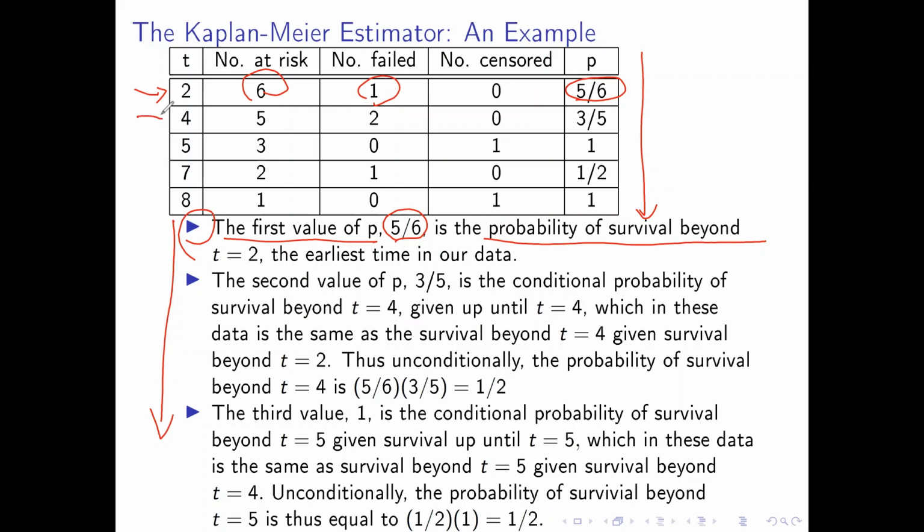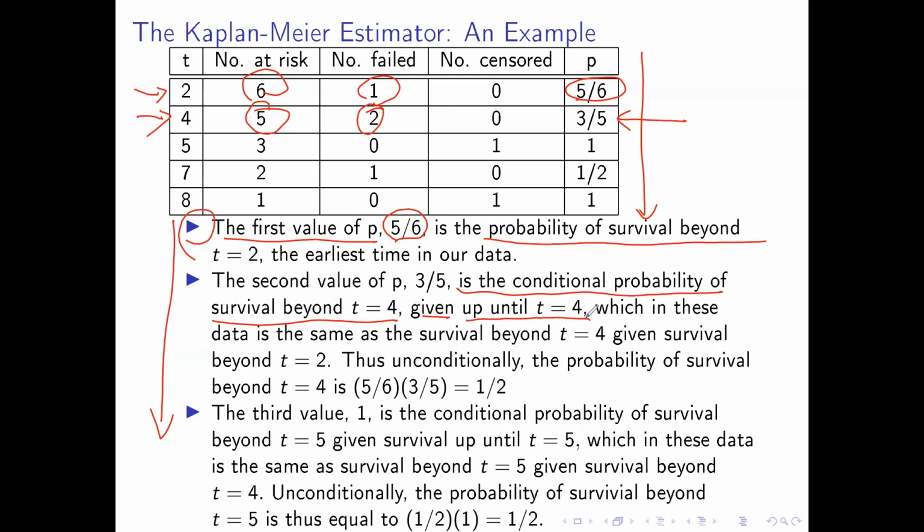How about day 4? How many at risk? 5. How many failed? 2. So what is the conditional probability of survival? That is 3/5, because 3 survived. It is the conditional probability of survival beyond day 4, given survival up until day 4, which in this data is the same as survival beyond day 4 given survival beyond day 2.